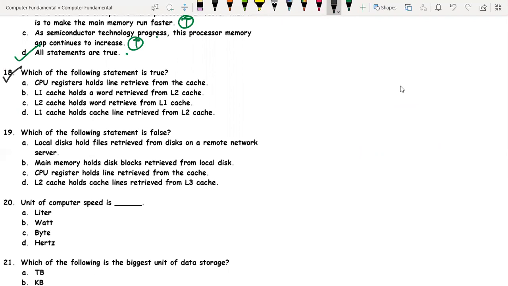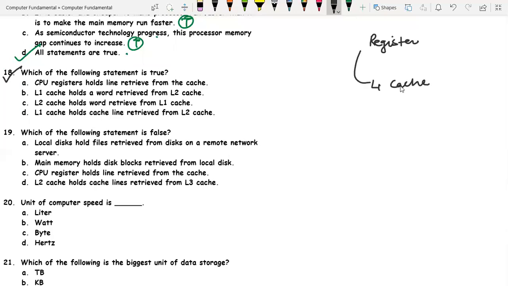It's just the following statements about the CPU system. It's not D. D, that is true, yes. So let me explain this again. At the top level, you have the register. Here you have L1 cache.